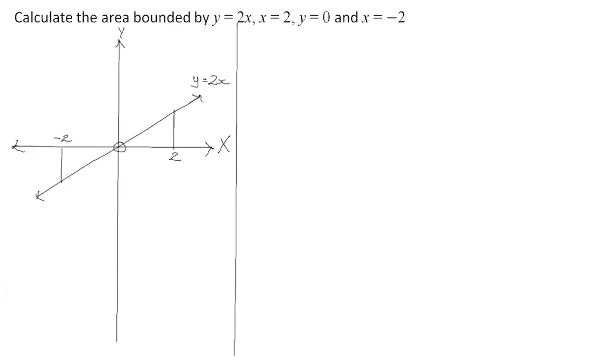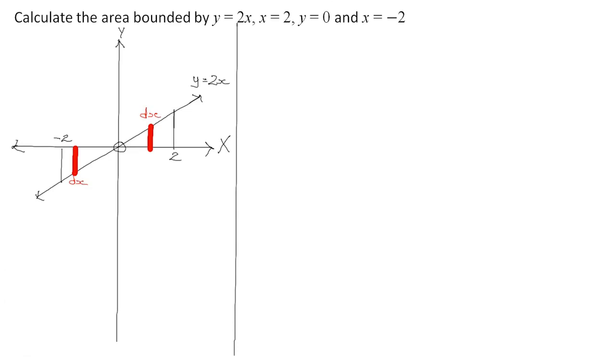Now, after you've sketched the graphs, it's important to put in your representative strip for the positive part as well as your representative strip for the negative part. Then you indicate there, this is dx, and you also indicate here, this is dx.